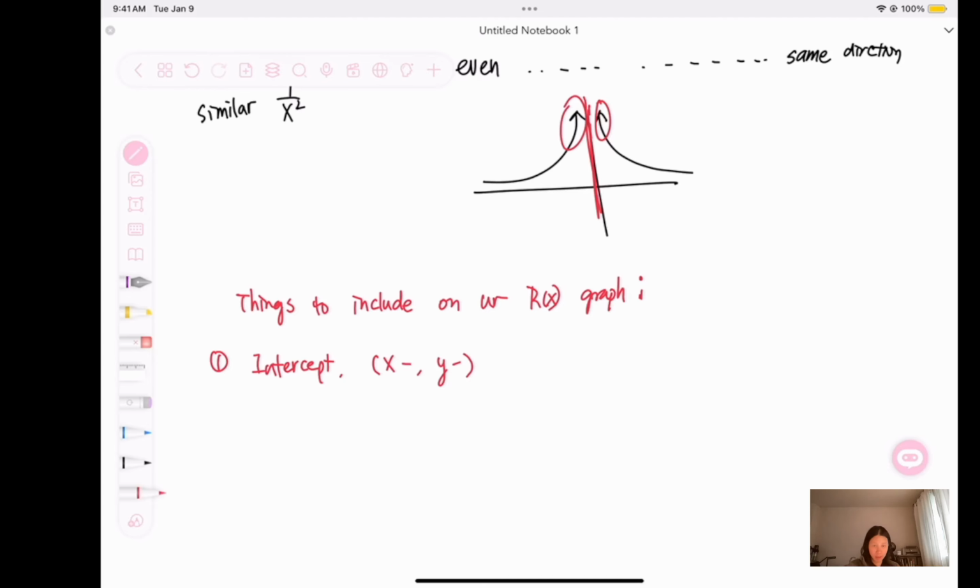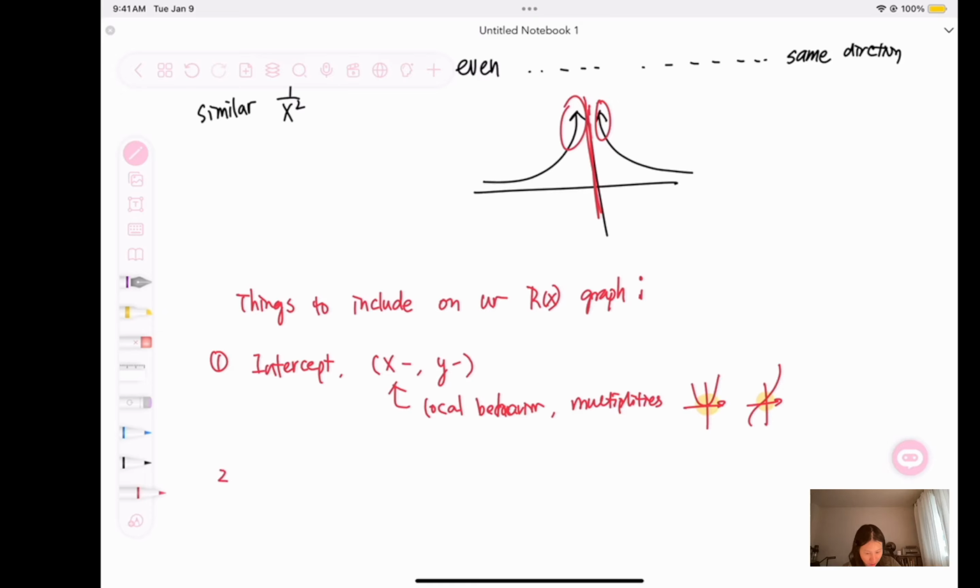When it comes to the x-intercept, we also have local behavior, which is determined by the multiplicity. If it's even, it's similar to the quadratic function. If it's odd, it's similar to the cubic function, which is either a cross or a bounce.